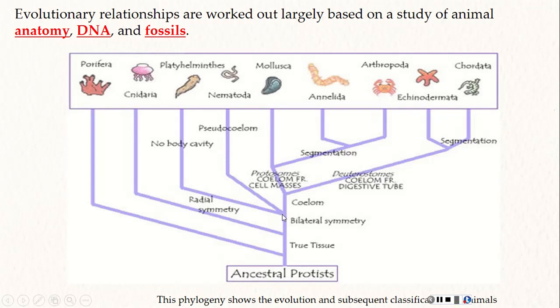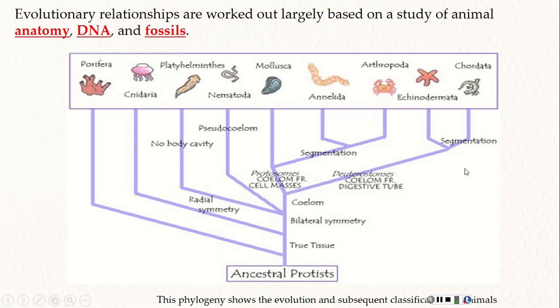With bilateral symmetry, we differentiate here. So we have acoelomates to pseudocoelomates to coelomates. And then our coelomates start to differentiate into protostomes, which go into different types of segmentation here, and then deuterostomes, which have a different type of development as well, and different segmentation as well.